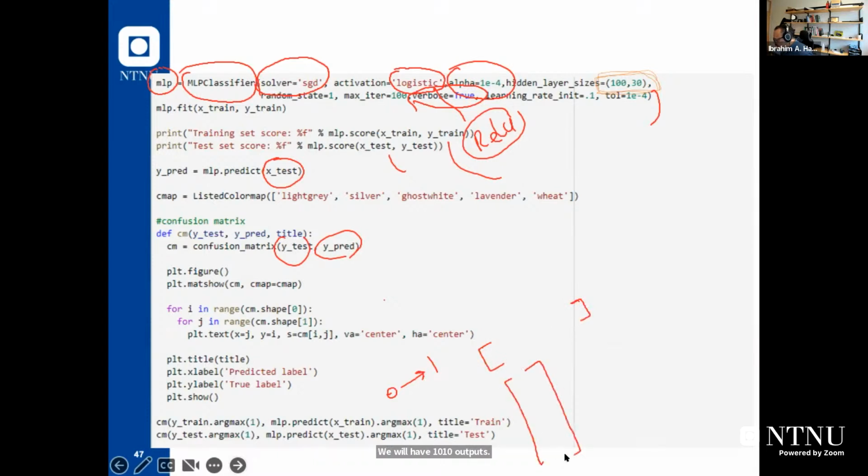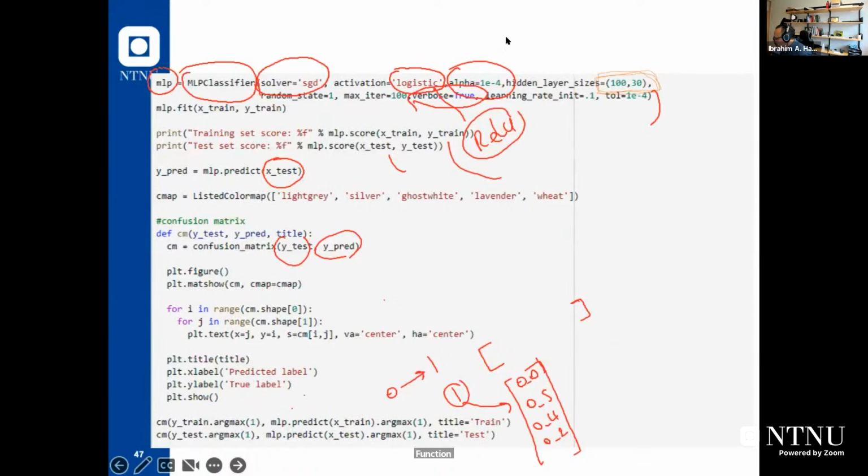So the correct class will be the one which has the largest value. So this one means return the index of the maximum output. So maybe one will be 0.01, another one will be 0.5, 0.4, I mean the summation will be equal 1, right? So in this case, we will select this one as the class. So the class in this case will be class number 1, so the digit here will be digit number 1. This argmax function.